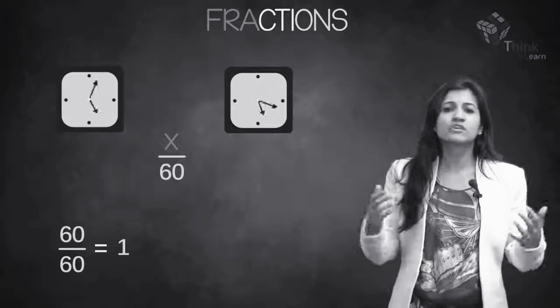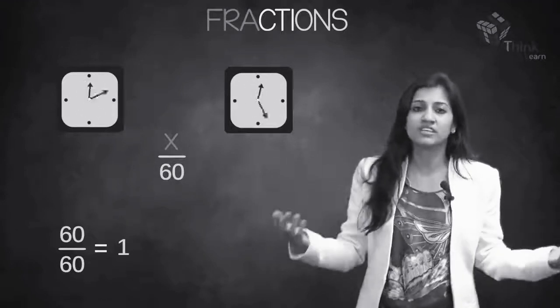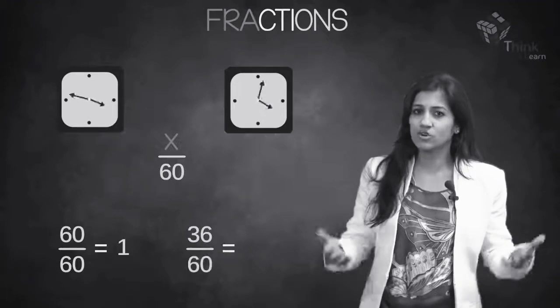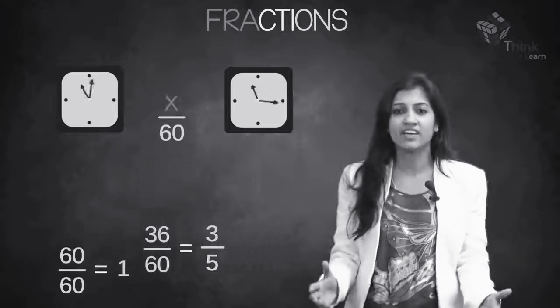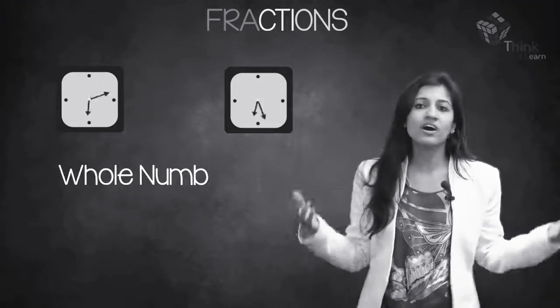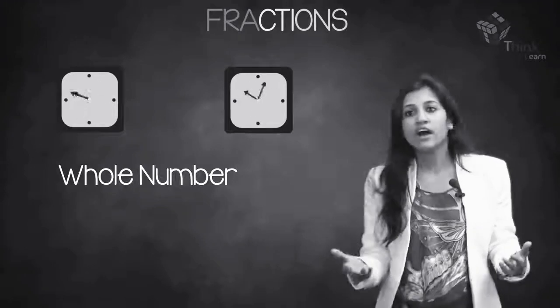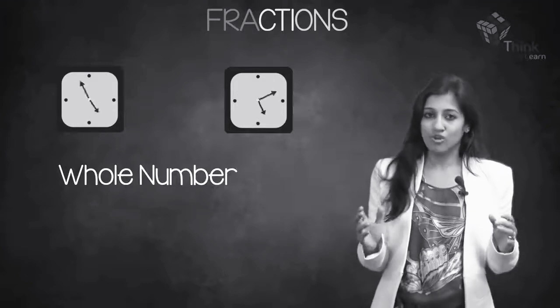So how will you show 30 minutes past 60? 30 by 60. 36 minutes past the hour is 36 by 60 or 3/5, right? So any value of anything that is not a whole number. What do I mean by a whole number? I mean something like 3, 5, 10. It's a fraction, which is pretty much a lot of numbers, okay?